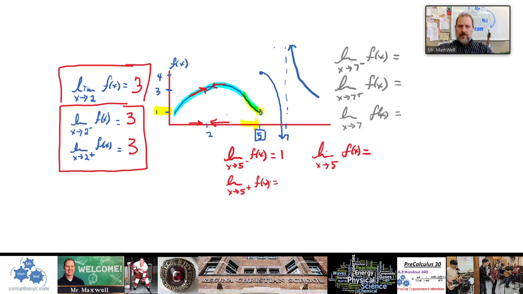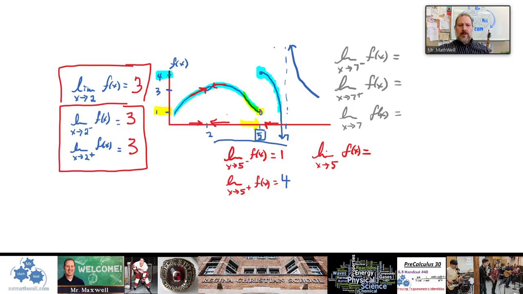The limit of the function as x approaches 5 from the right side, so that is x approaching 5 from the right. Well, if we go up here and look at the graph, what's the graph doing? The graph is approaching a certain value as well, and that appears to be y equals 4. So I hope you can see in blue here that as x approaches 5 from the right, the graph is responding by approaching y equals 4.